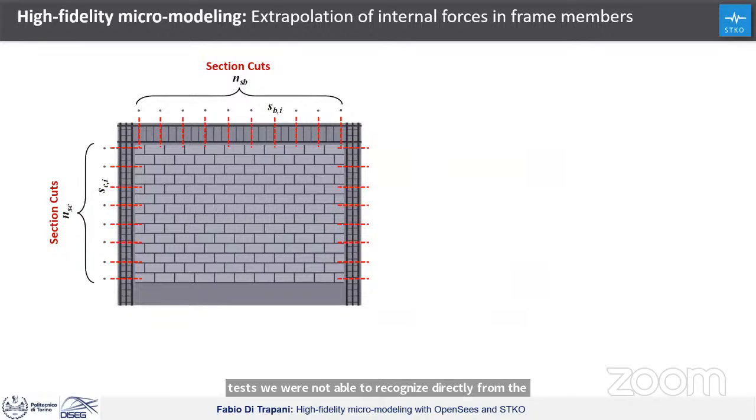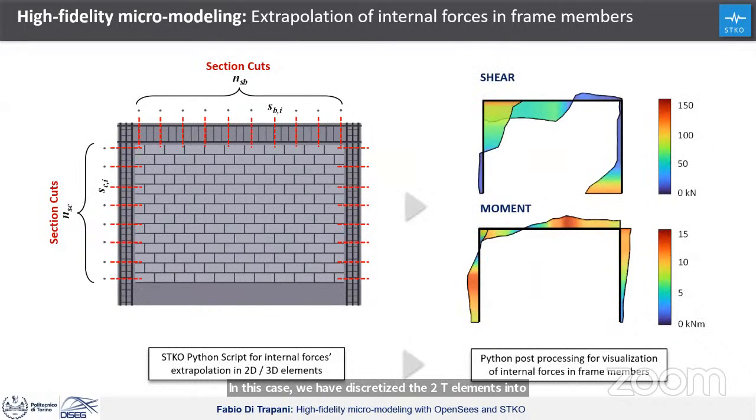What is interesting to see in the application to infilled frames is the section cut script that is available on OpenSees. In this case, we have discretized the 2D elements into a finite number of section cuts and extracted the internal force section by section, by a Python post-processing of the moment and shear, but you can also request the axial force.